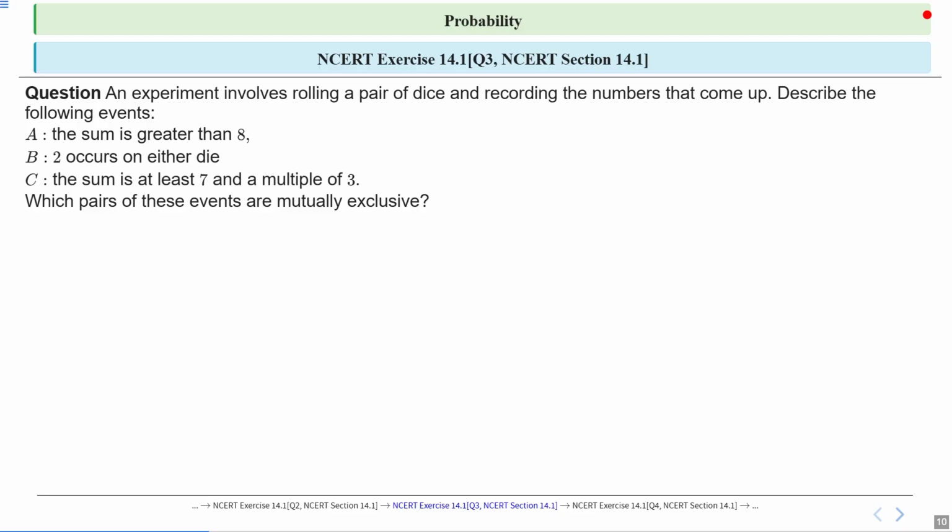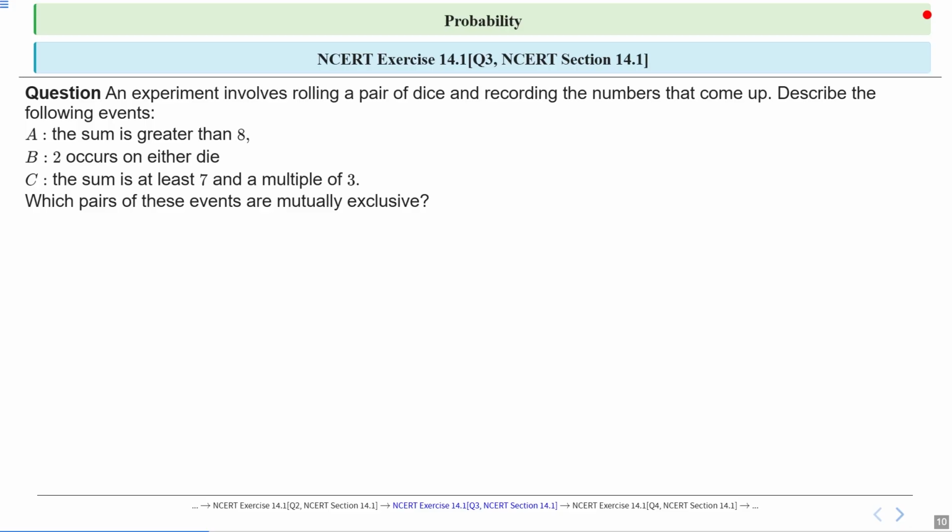B denotes the event 2 occurs on either die. And C denotes the event the sum is at least 7 and a multiple of 3. Now we have to find which pairs of these events are mutually exclusive.